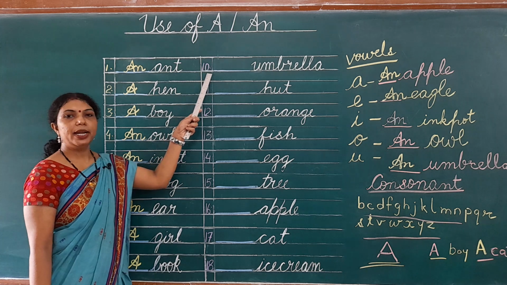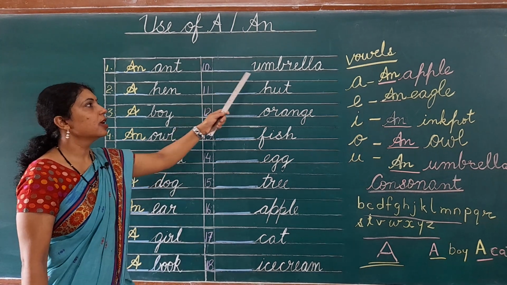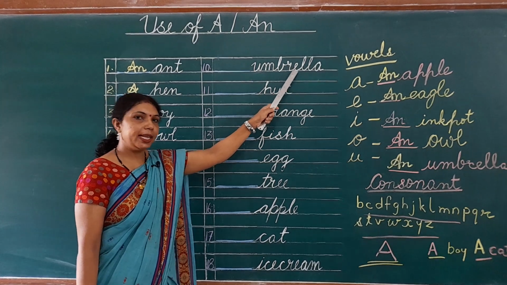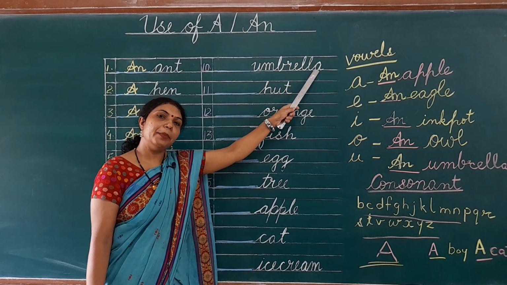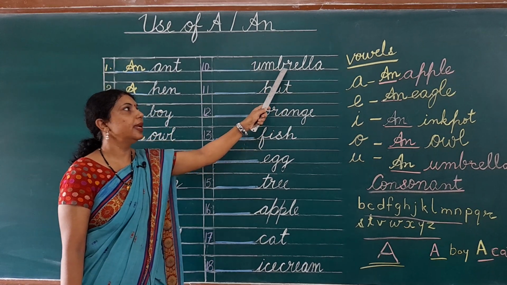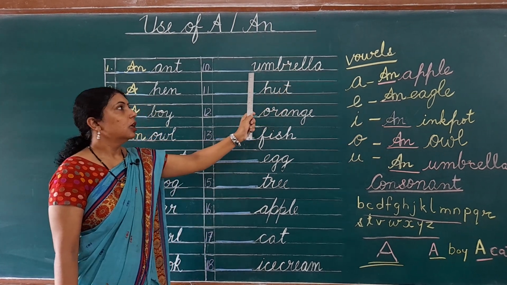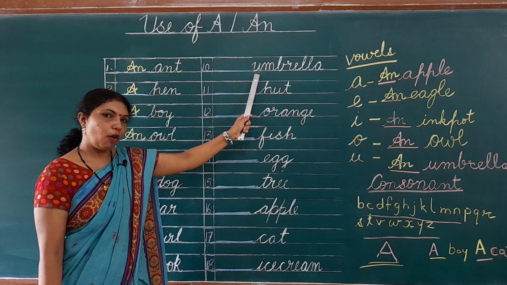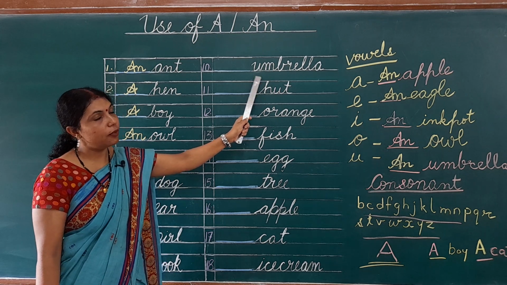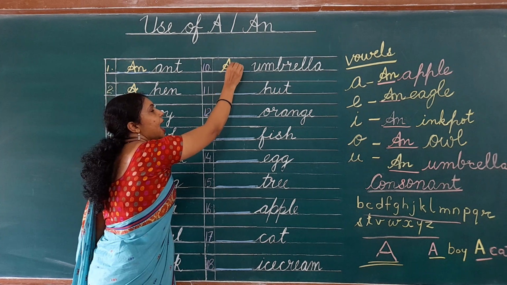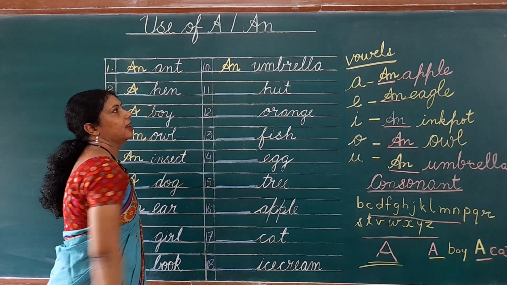Now it is number 10. U-M-B-R-E-L-L-A, umbrella. U is a vowel and before vowel we have to use A and an.